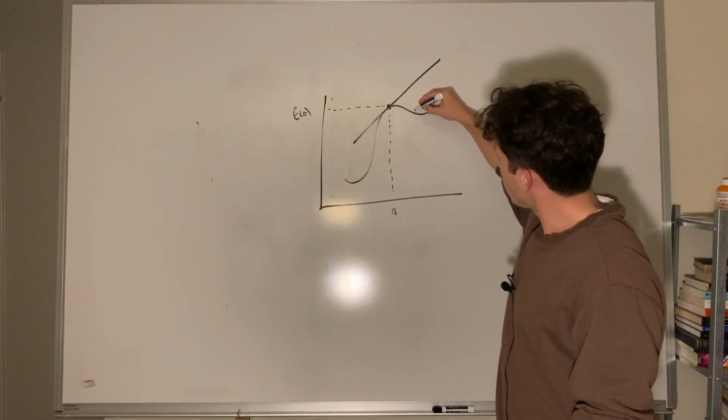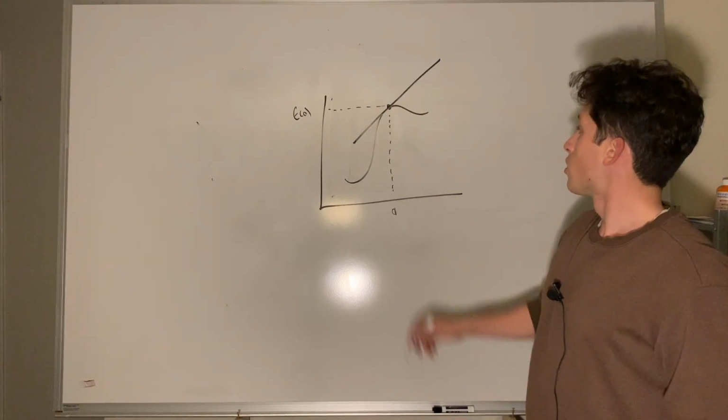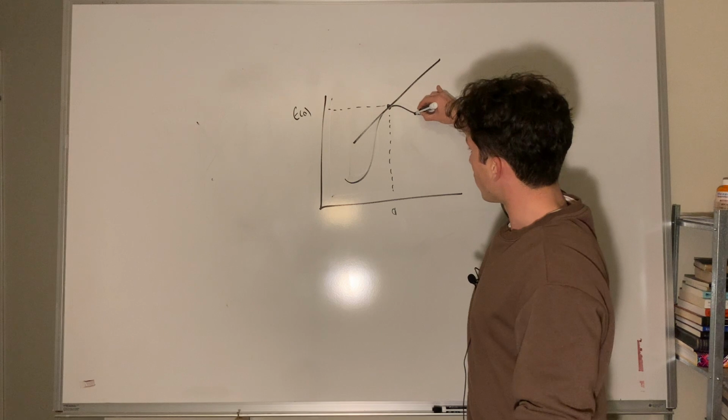So we want to know the slope of that tangent line at that point. So let's say we have another point here.